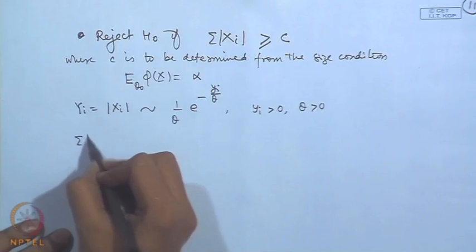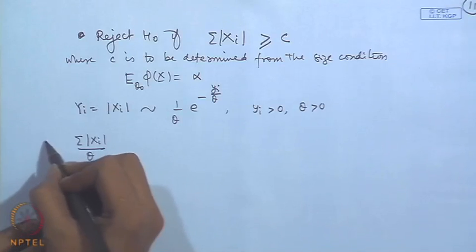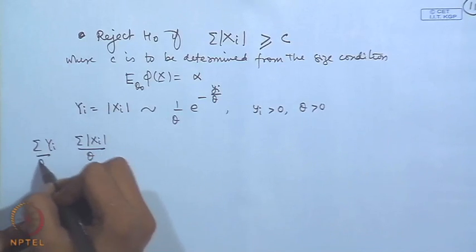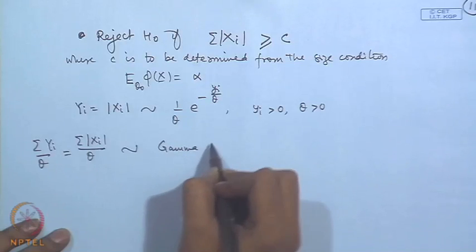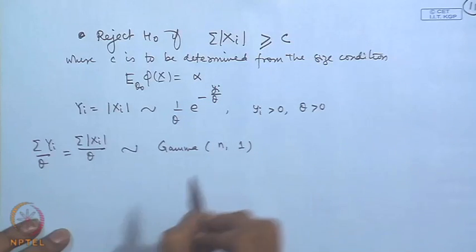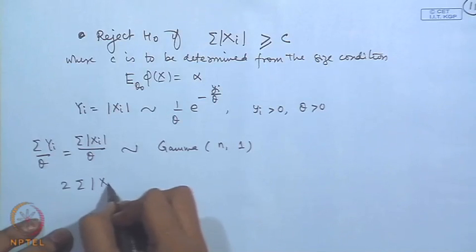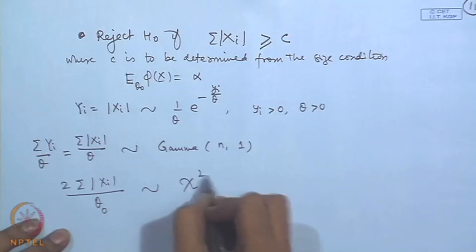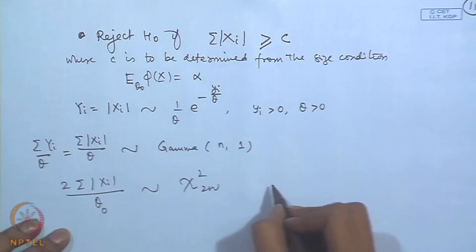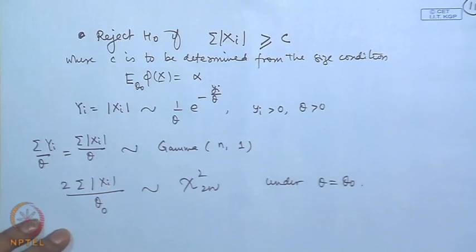So, sigma modulus of x i by theta, that is sigma y i by theta, will have a gamma distribution with parameters n and 1. That means twice sigma modulus x i by theta naught will follow a chi square distribution on 2n degrees of freedom under theta equal to theta naught.